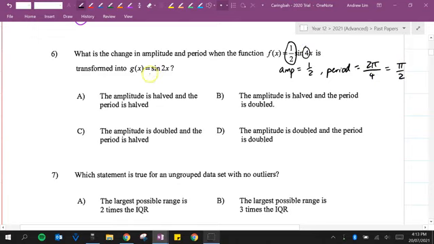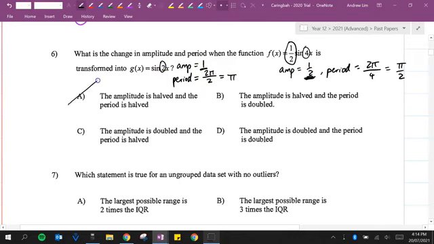For g of x, we can see that the amplitude is equal to 1, okay? And the period is equal to 2 pi over the coefficient of x, which is pi. So from half, it becomes 1.